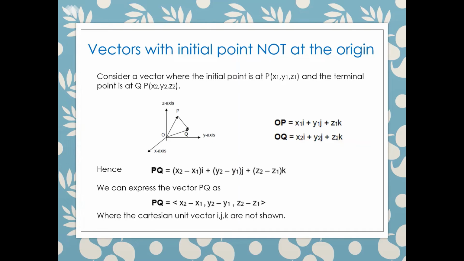So OP equals x1i plus y1j plus z1k and OQ equals x2i plus y2j plus z2k, and PQ is equal to (x2 minus x1)i plus (y2 minus y1)j plus (z2 minus z1)k. We can express the vector PQ as follows, where the Cartesian unit vectors i, j, k are not shown.